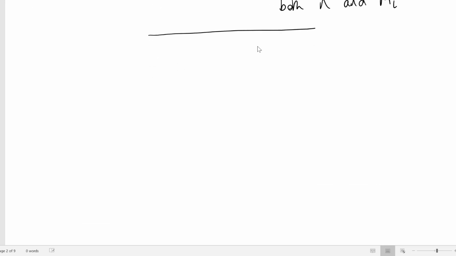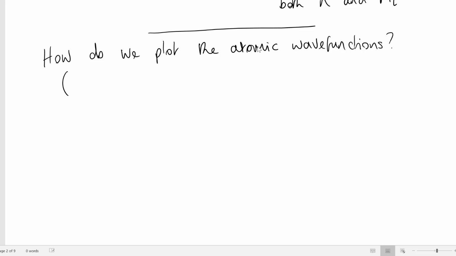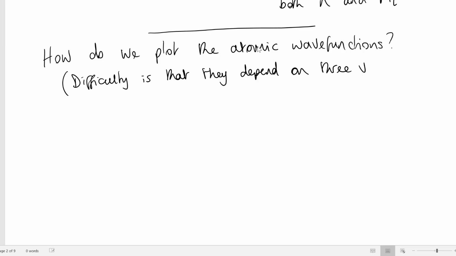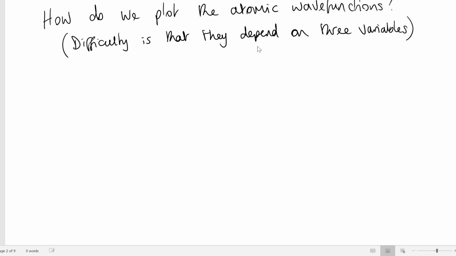So moving on, how do we plot the atomic wave functions? And the real difficulty here is that they depend on three variables. It's very typical to consider the radial and the angular parts separately.